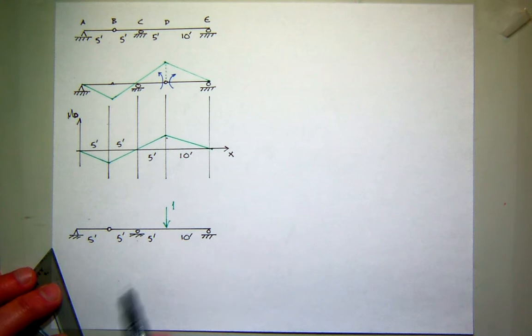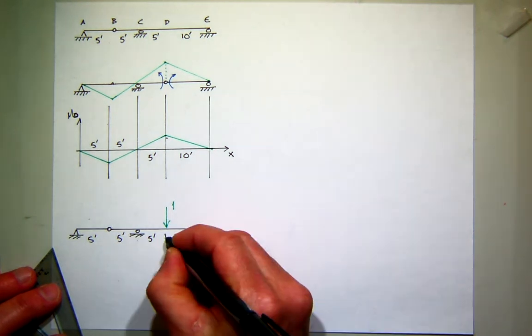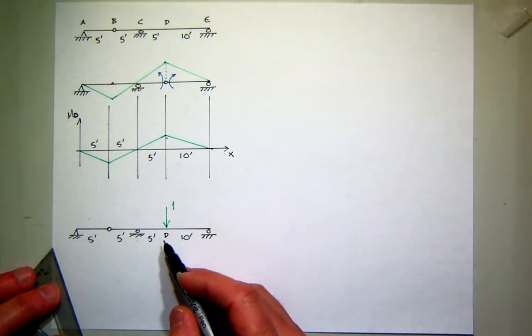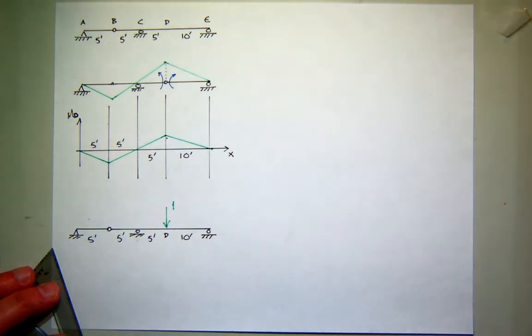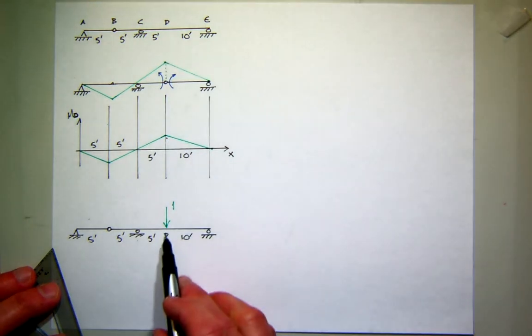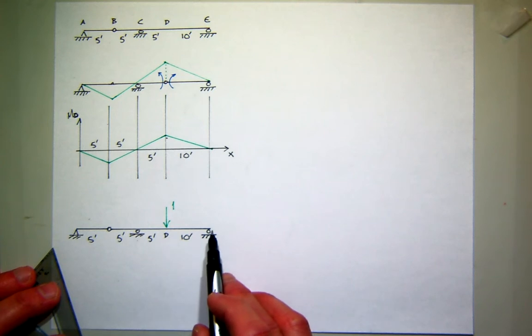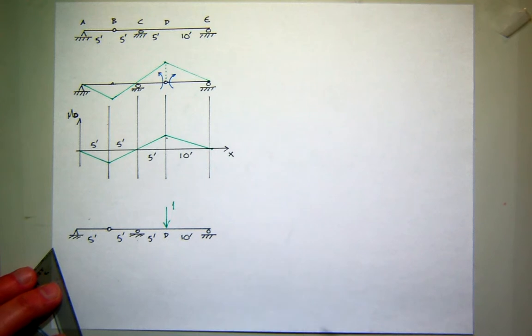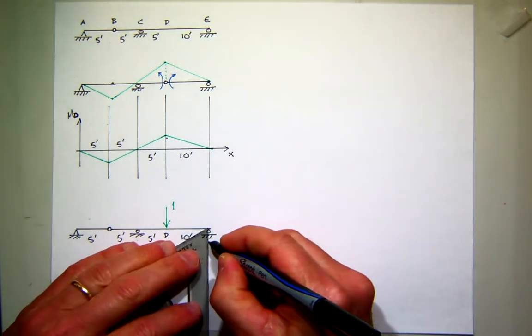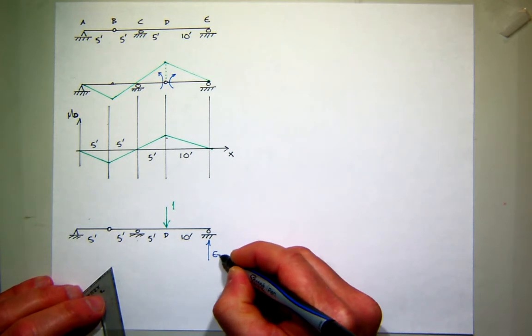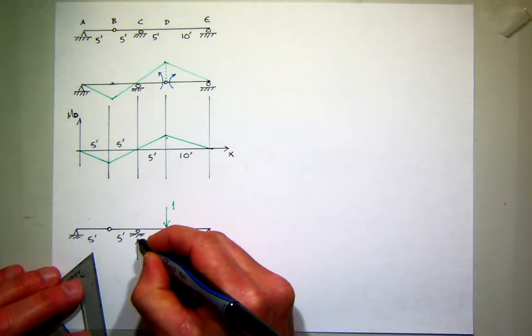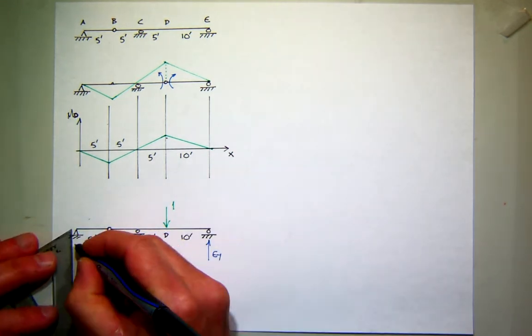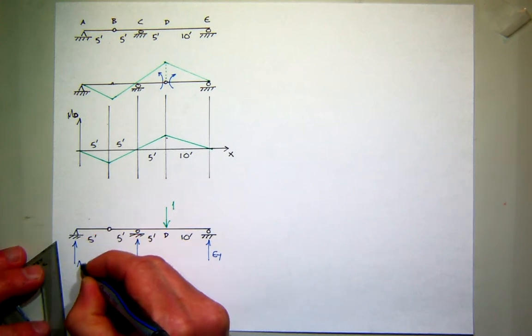Everybody see that? So I want the moment at D when the unit load is at D. If I cut the structure here, looking at the right-hand side might be the best one. So I'll need the reaction at E. And you'll see now we have a challenge because I need EY, but I've also got a reaction at CY and a reaction at AY.